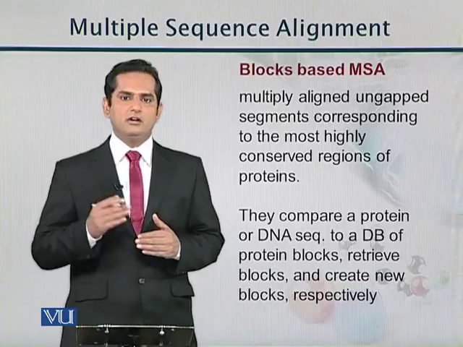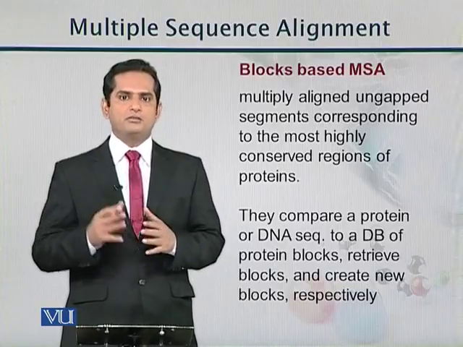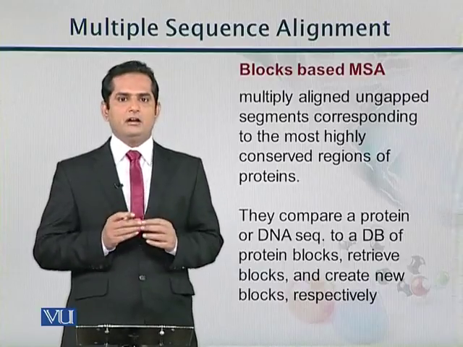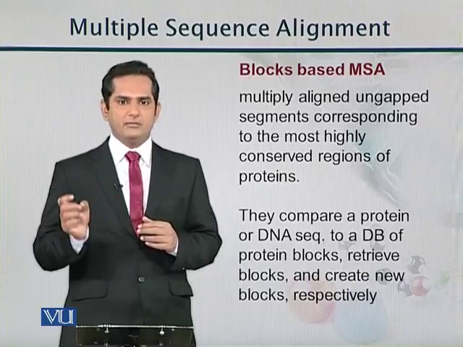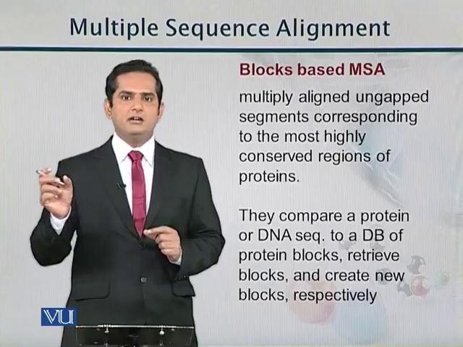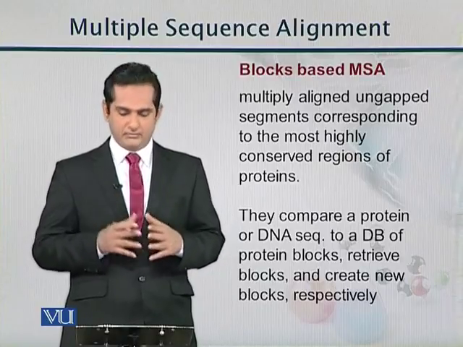Instead of aligning single characters, we compare blocks of information. We have different blocks, which are segments in the given sequences, and then segments in the databases, and we try to find alignment between these segments.